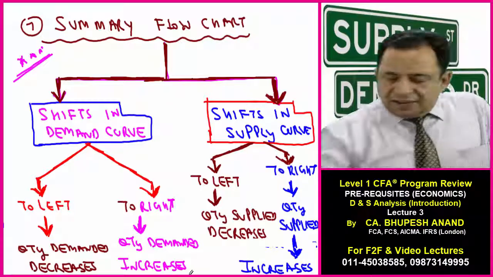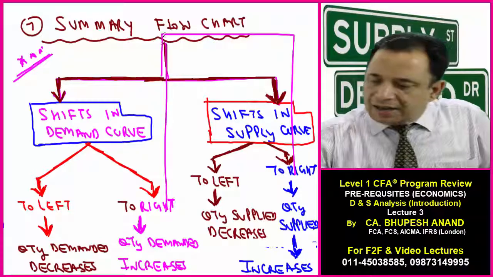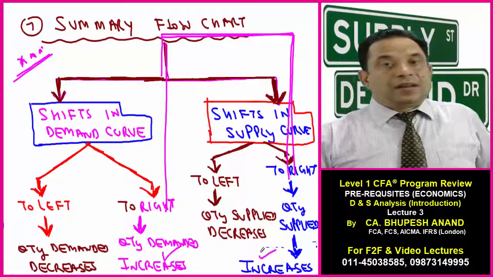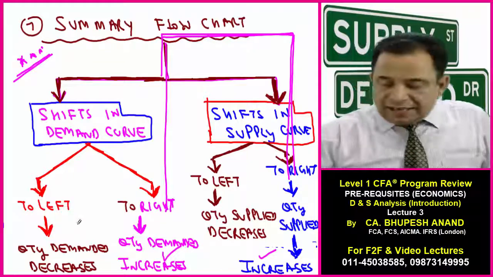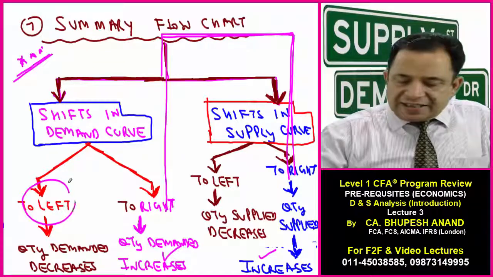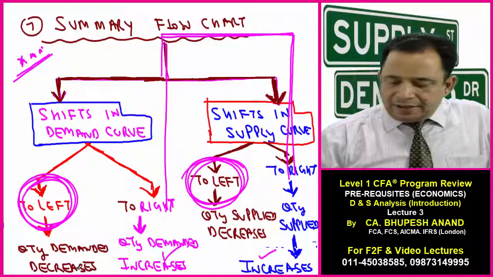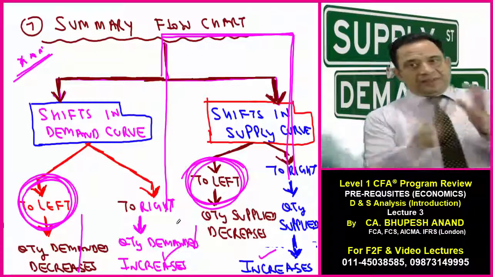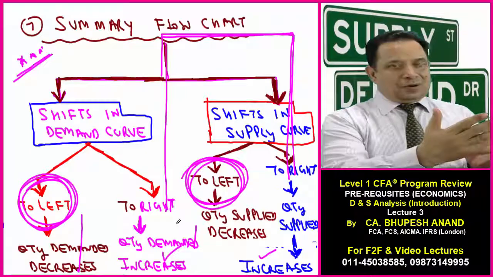So just see, if anything is moving right, either supply or demand, there will be an increase. Quantity demanded or quantity supplied will increase. And if we are on the left-hand side, decrease. If we are on the left shift, there will be a decrease in either quantity demanded or quantity supplied.